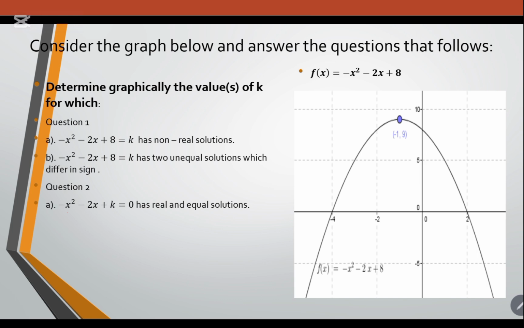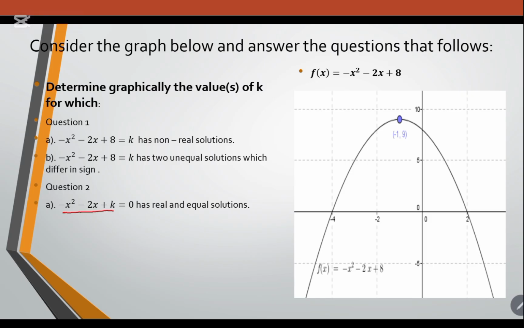Negative x squared minus 2x plus k is equal to 0. It has real and equal solutions. Now, let us look at this.